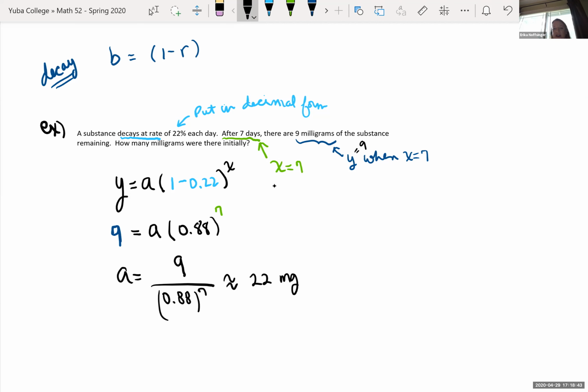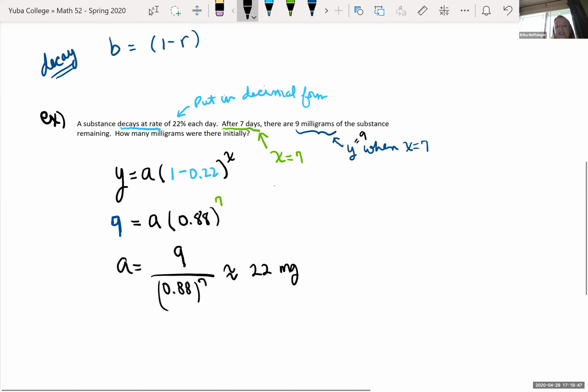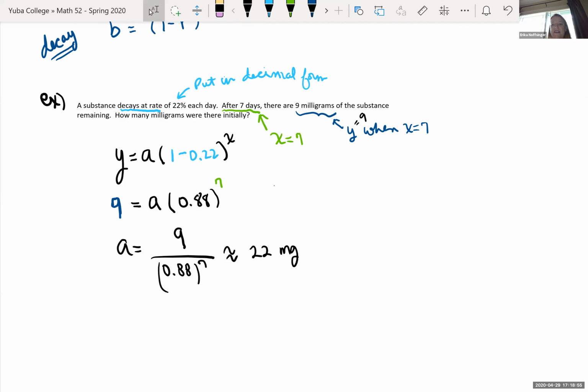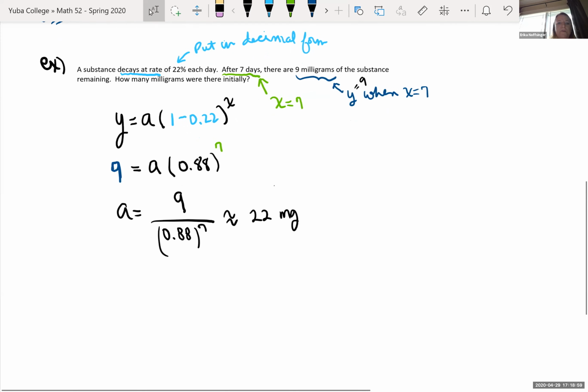Okay, so originally the substance had 22 milligrams, and after 7 days, there was only 7 milligrams left. Let's put part B on this.